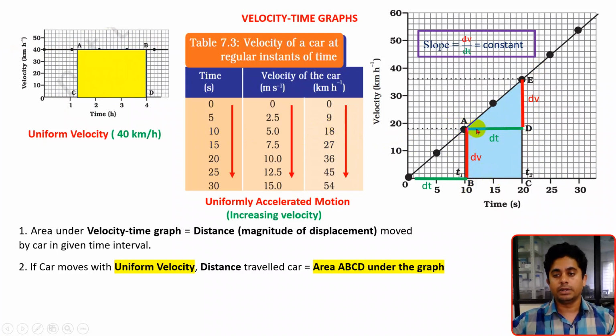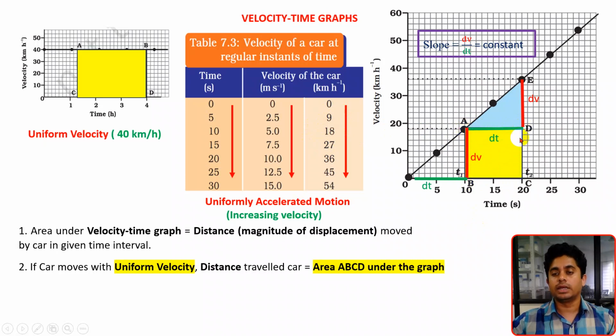When it is 15, still it is 18. When it is 20, still it is 18. So for the rectangular area ABCD, that uniform velocity of 18 km per hour is maintained from point A to point D.